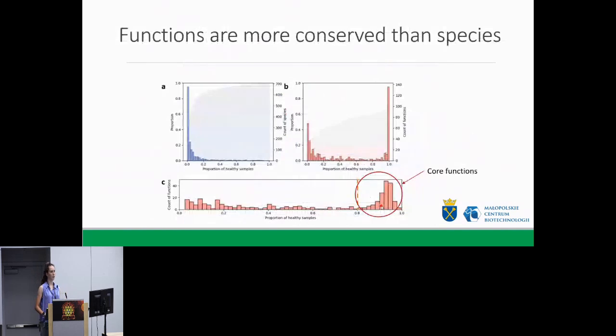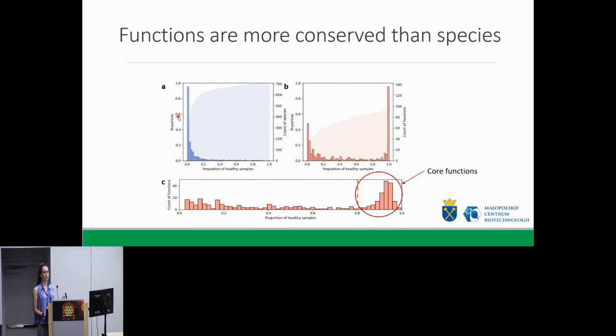And here I'm going to show you a direct proof why using species or taxonomy-based indices is not a good solution. The distributions you can see at the top are the distributions of species and functions in the healthy samples from the Human Microbiome Project 2. When we look at the distribution of species in the healthy population, we can see that the majority of species are found in just a small subset of individuals.